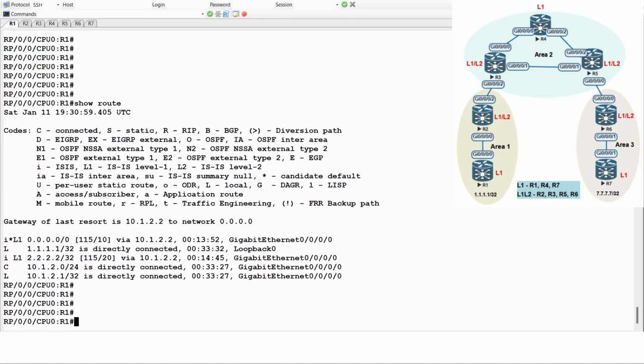As you can see, the routing table on router R1 has a default route installed, and it has reachability information about prefixes which are only in its area. It does not have any information about prefixes in other areas. Now let's go to router R7.